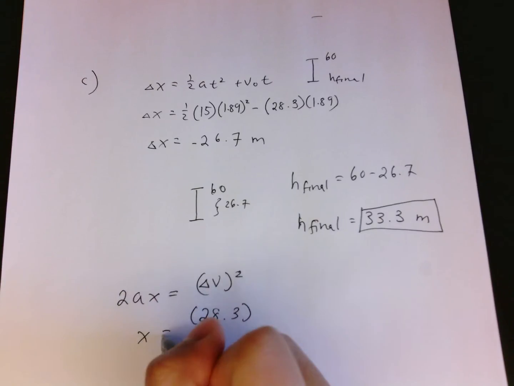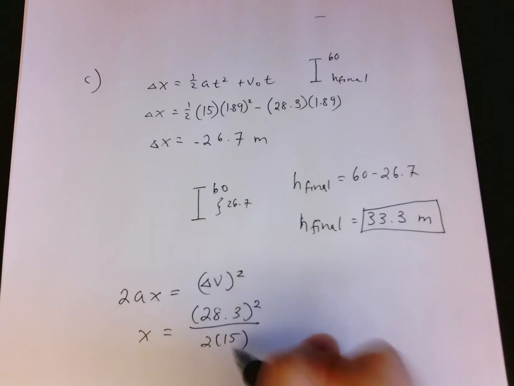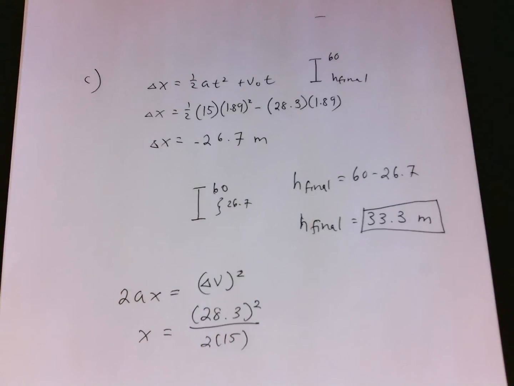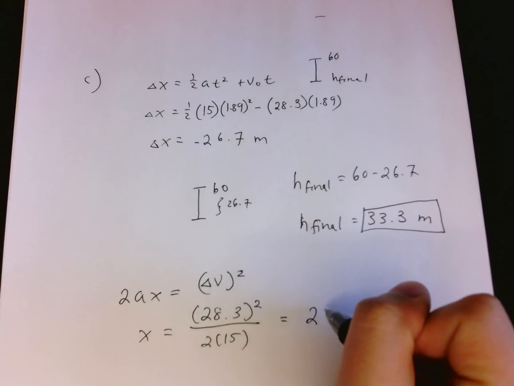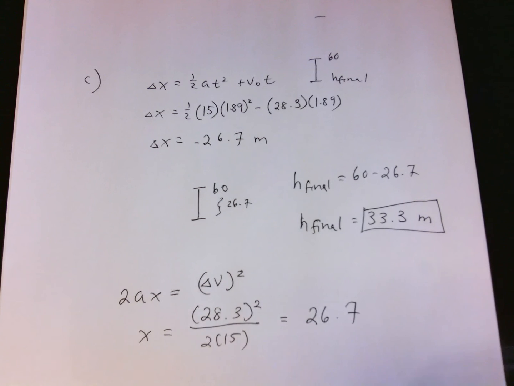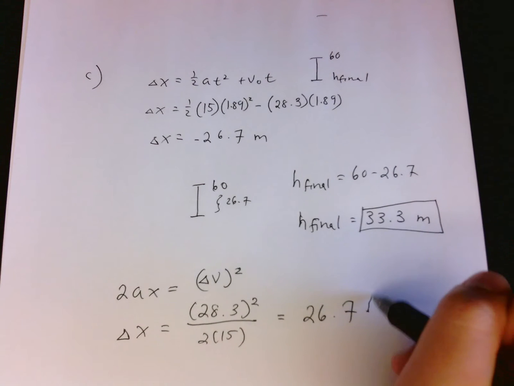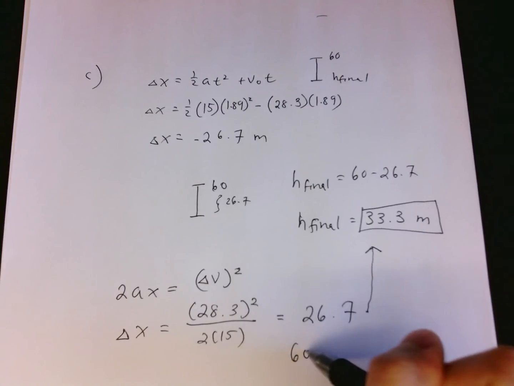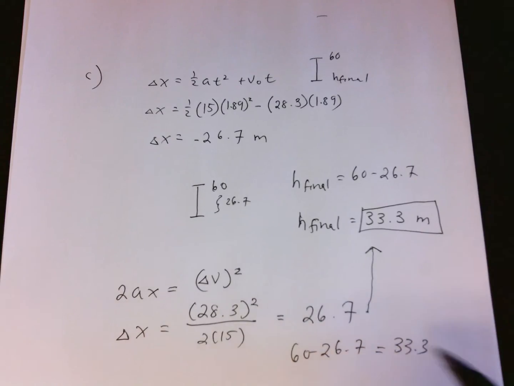So x is equal to 28.3 squared over 2 times 15, which is also 26.7. That's another way to solve and still get the same h final, because 60 minus 26.7 is equal to 33.3. So that is this question. Thanks for listening.